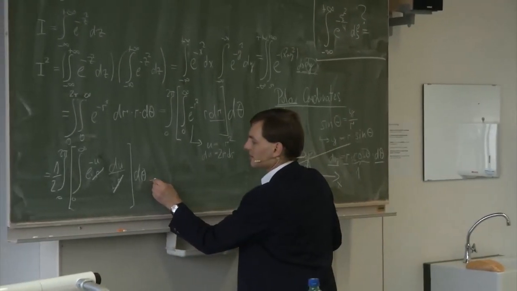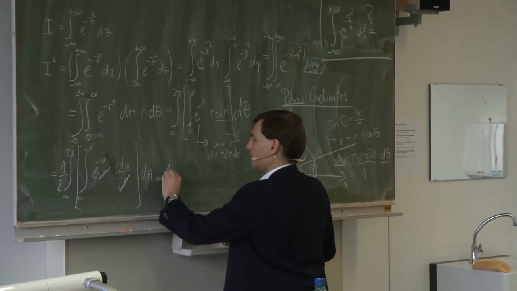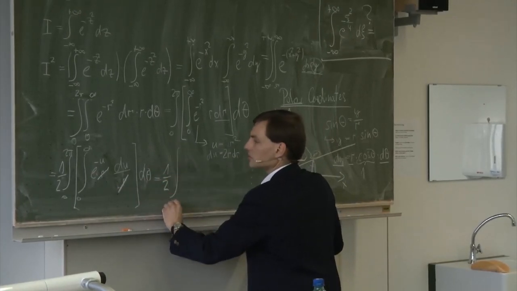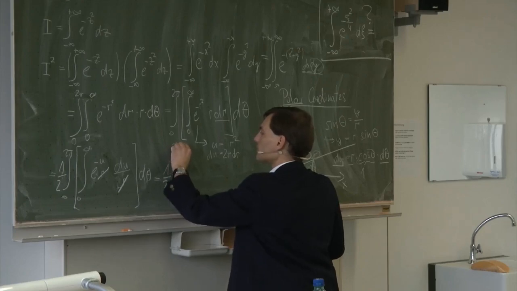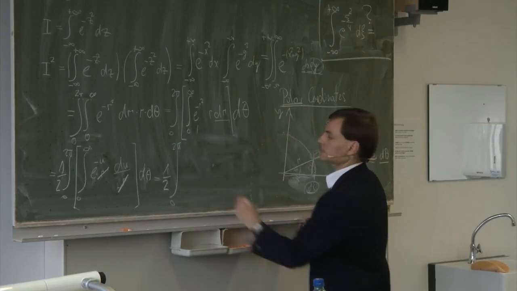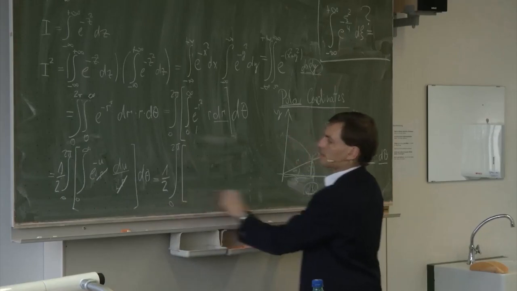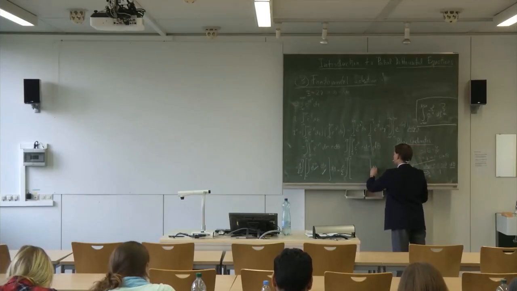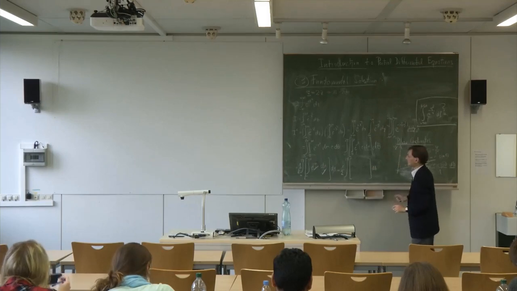That's, once again, very basic. So what we have now in front is the 1 over 2, integral from 0 to 2 pi, d theta.